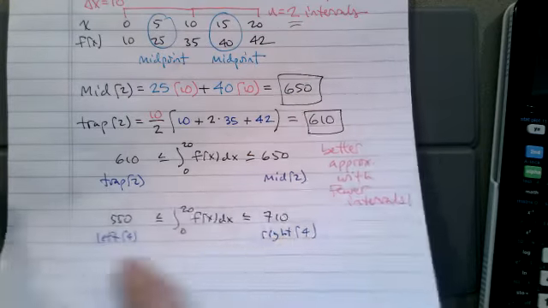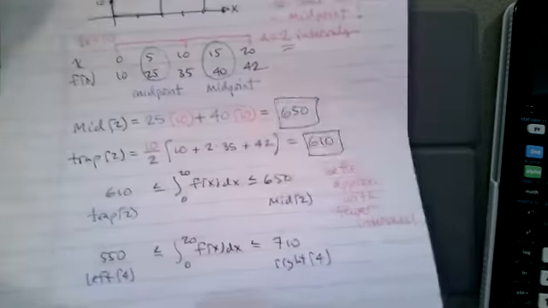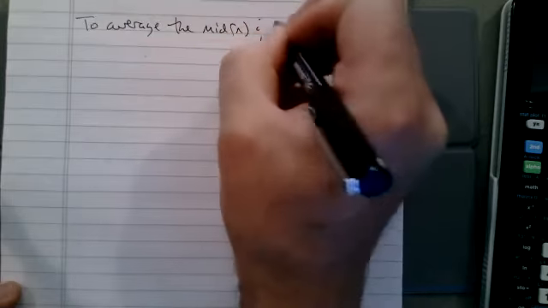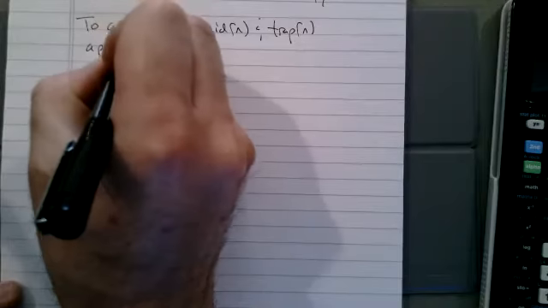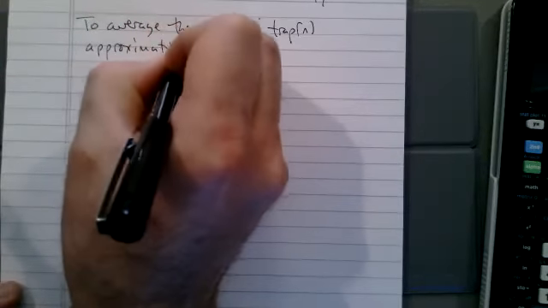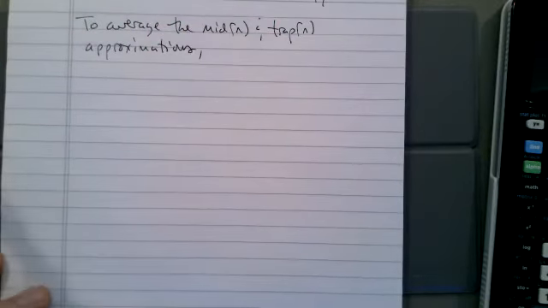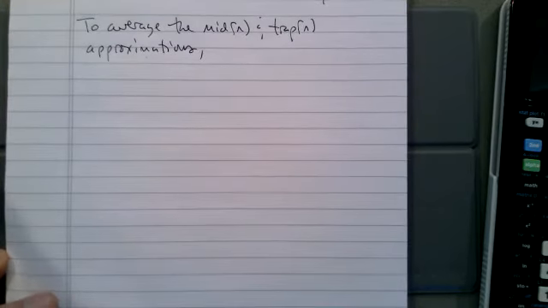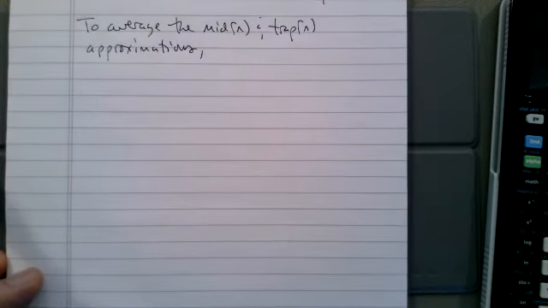So to average the midpoint rule and the trapezoidal rule, we use what's called Simpson's rule.